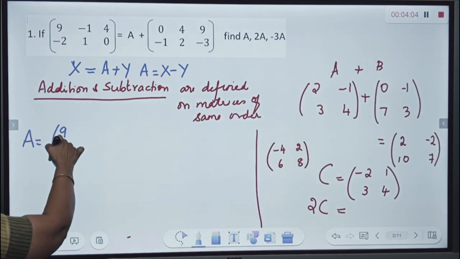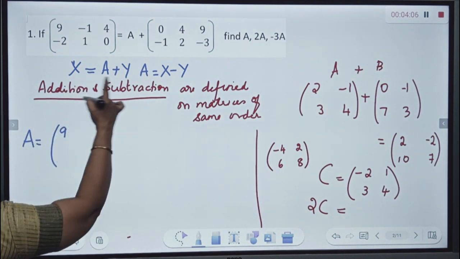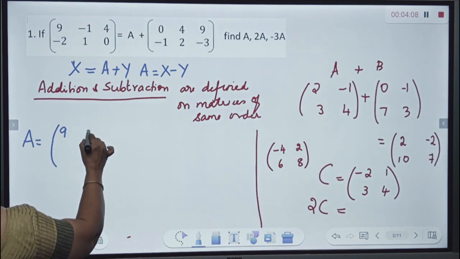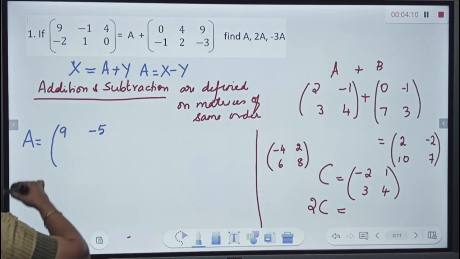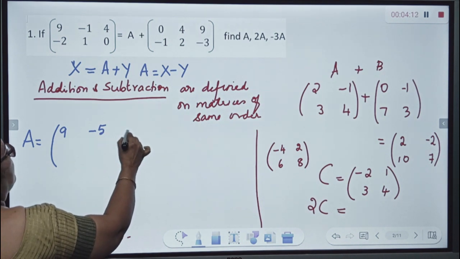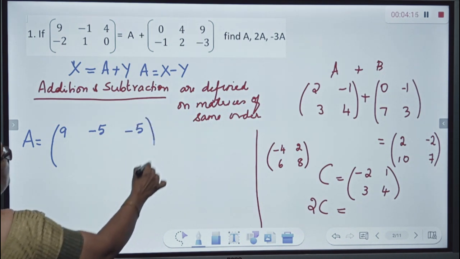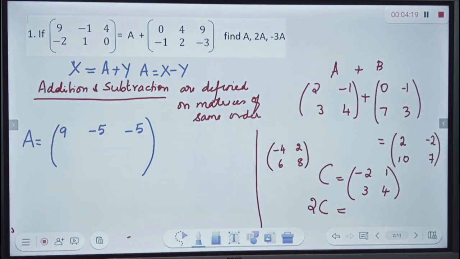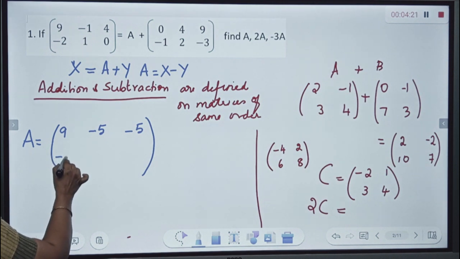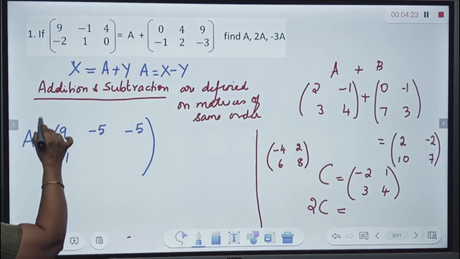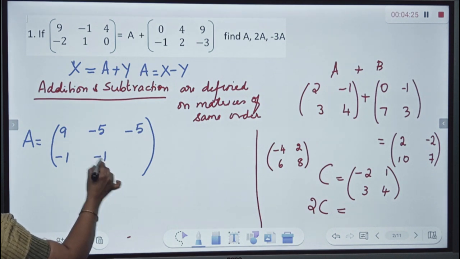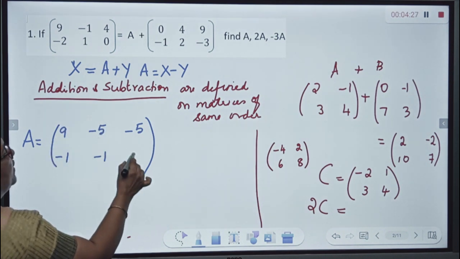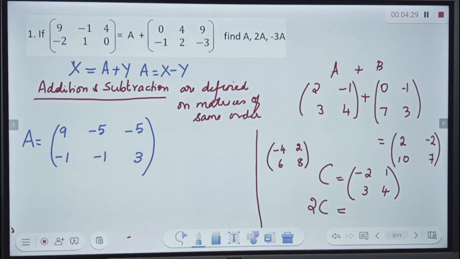So 9 minus 0, 9. 1 minus 4, which is minus 3. 4 minus 9, which is minus 5. Minus 2, minus of minus 1, so plus 1, which is minus 1. Then 1 minus 2, which is minus 1. 0 minus of minus 3, which is plus 3.